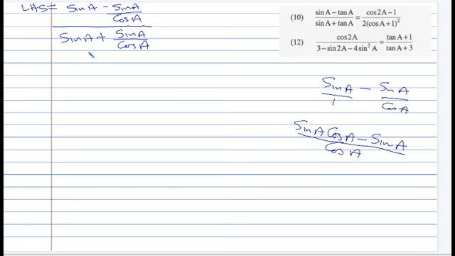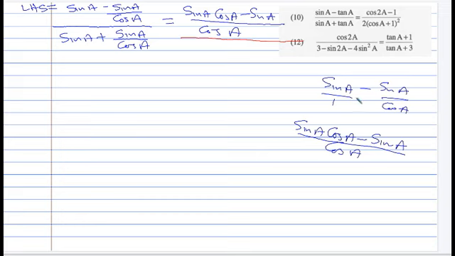So this is sin A cos A minus sin A all over cos A. This is the numerator, and then we bring in the denominator.